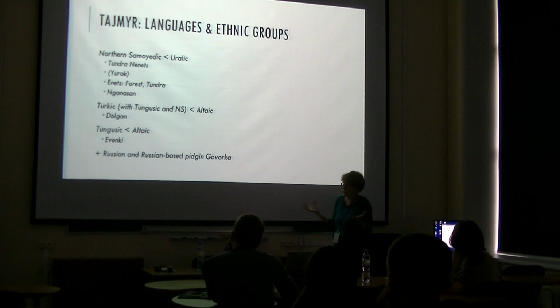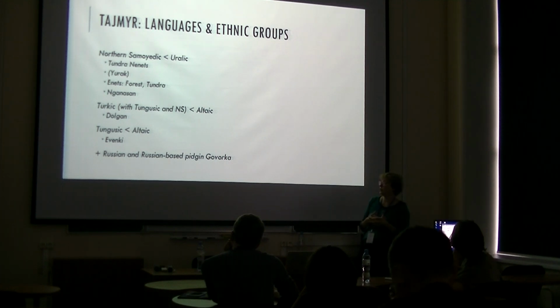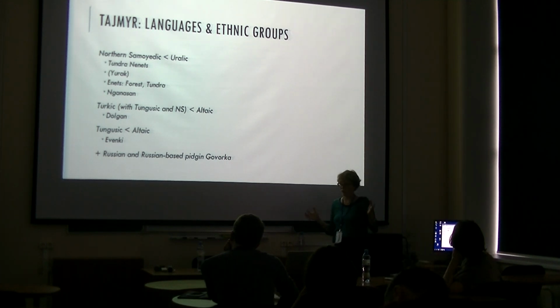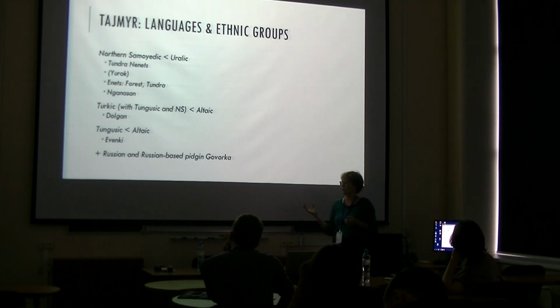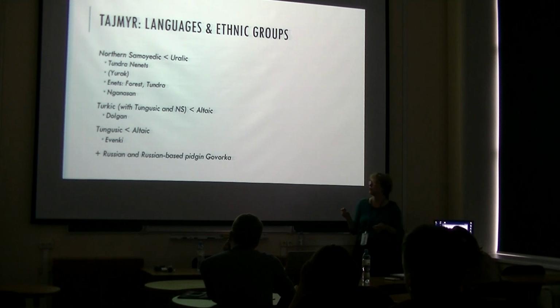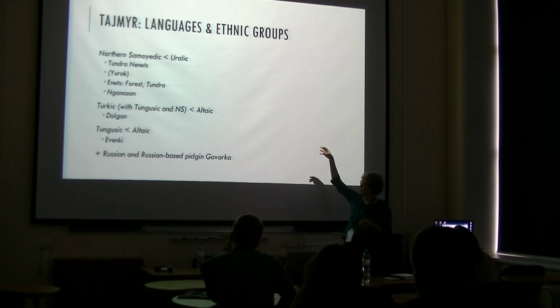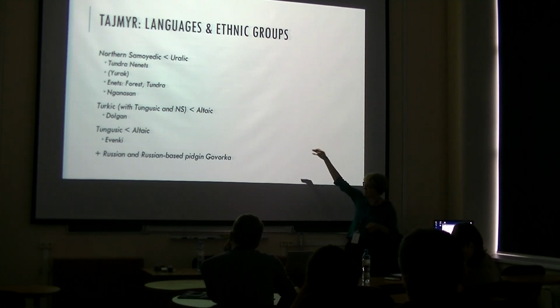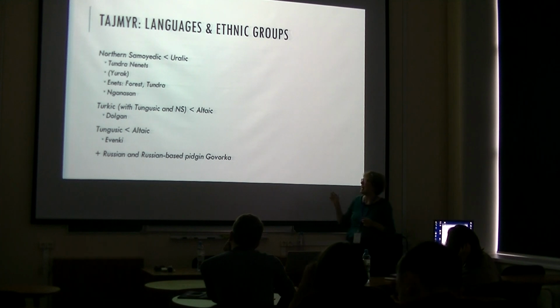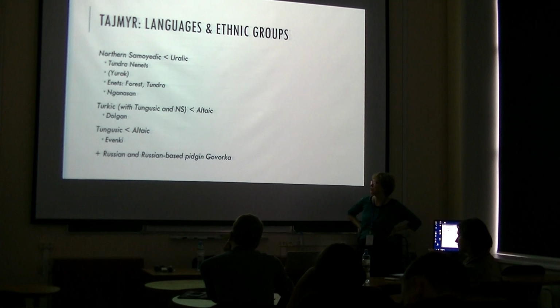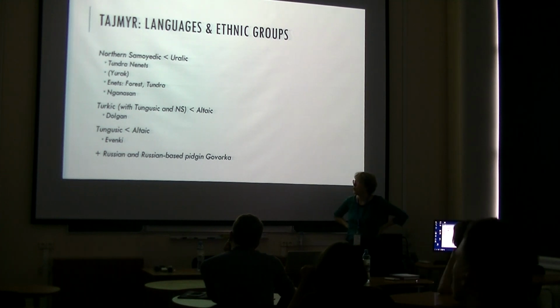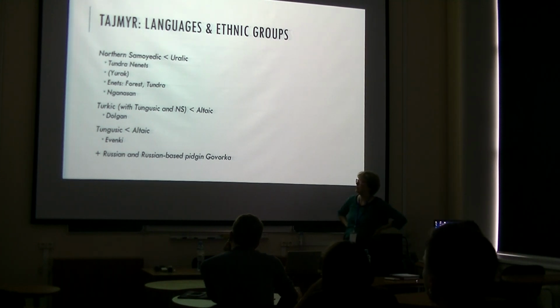And then we have Russian, and it's not only the 20th century Russian, but also there were some Russian speakers in the 19th century, the 18th century, and some of them later were assimilated by the Dolgans, or made a part of the Dolgan ethnic group. And also there is this interesting language which is called Russian-based pidgin Govorka, which is also extinct by now, like Yurak.